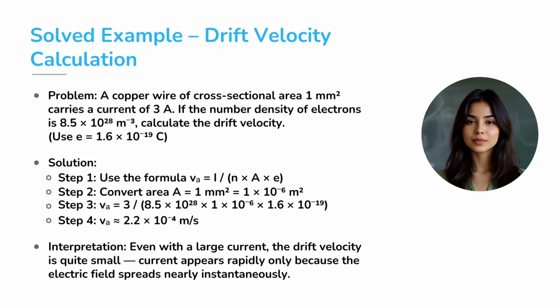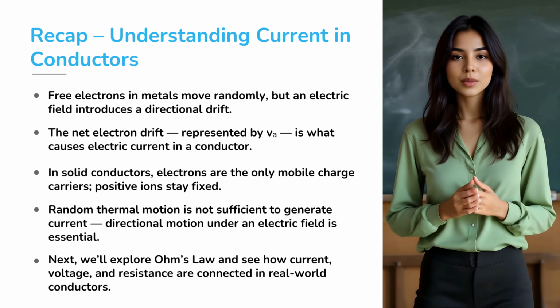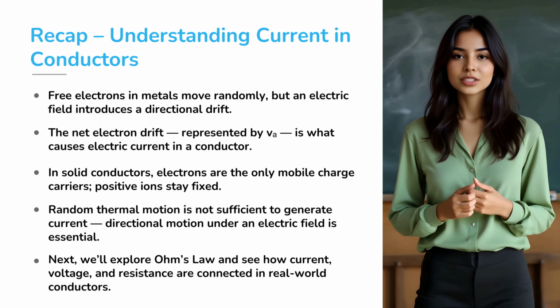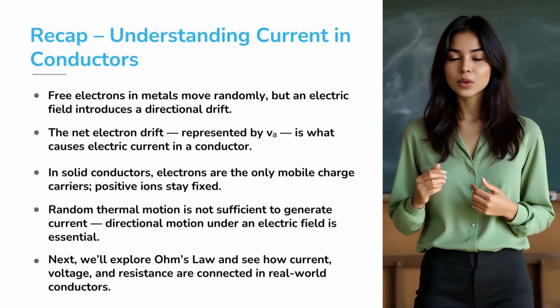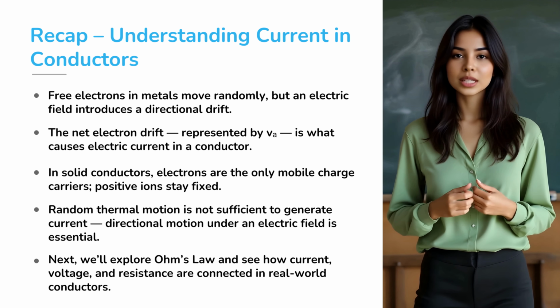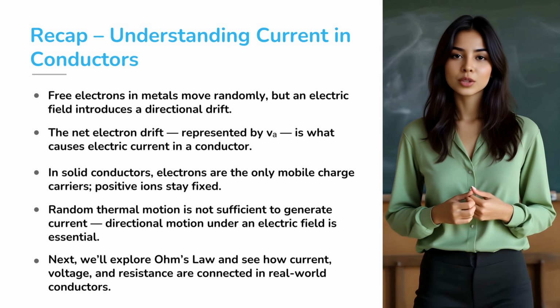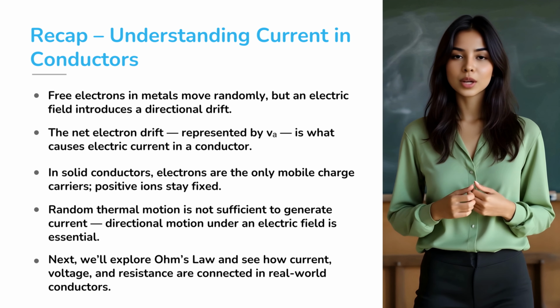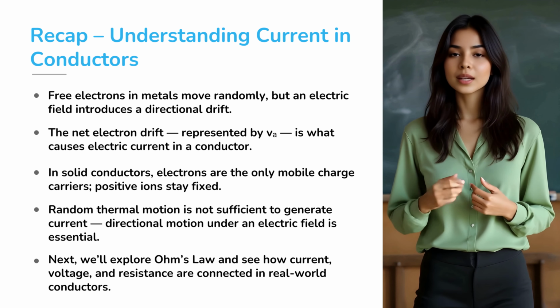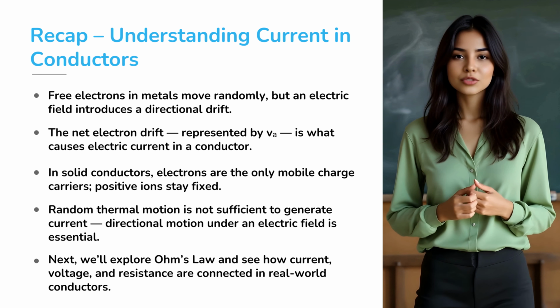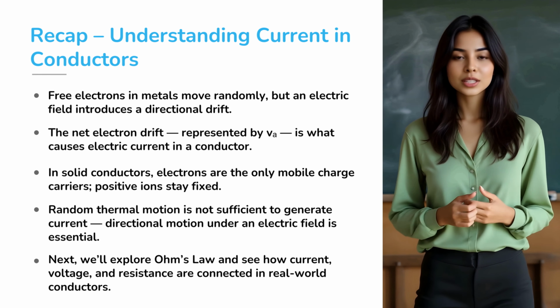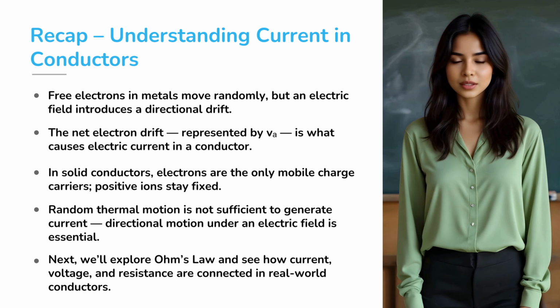Let's recap the key points about electric current in conductors. In a metal, electrons are always moving randomly due to heat, but this motion does not create current. When we apply an electric field, electrons gain a tiny drift velocity, symbolized by v sub d, opposite to the field.